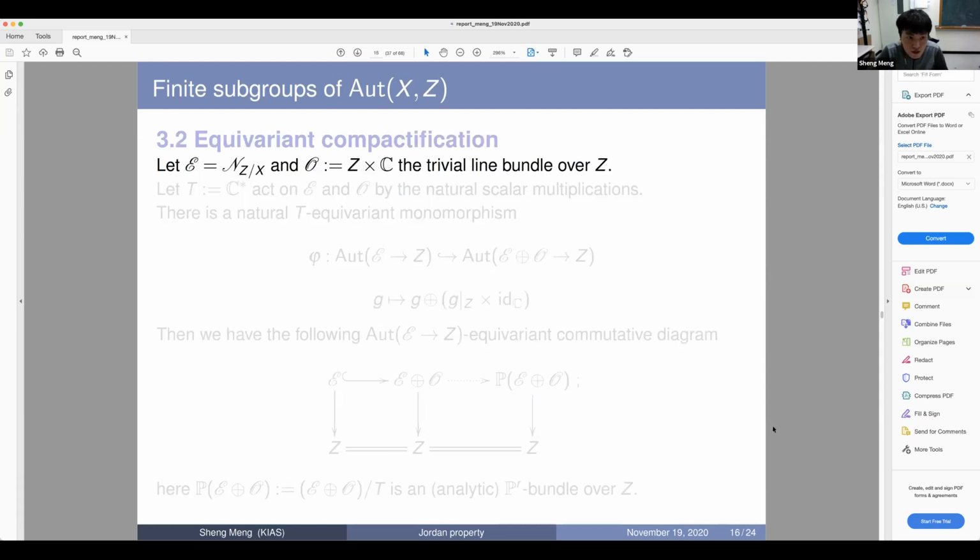Okay. So now what next? Previously we know the result for the projective and compact case, so we need to do some compactification.